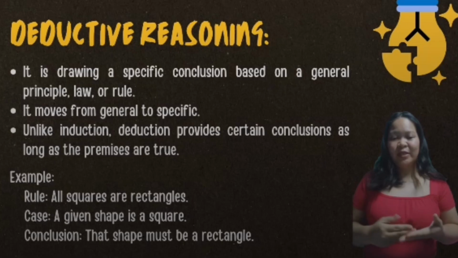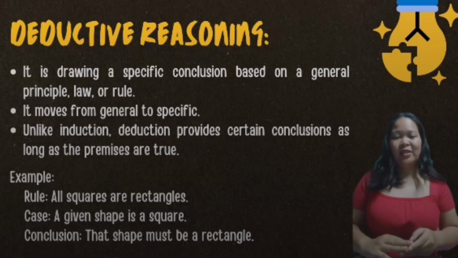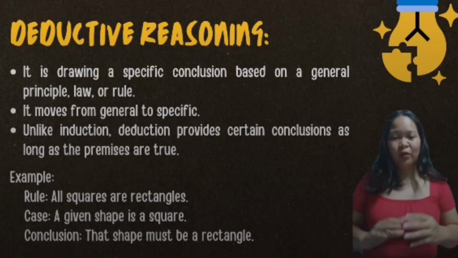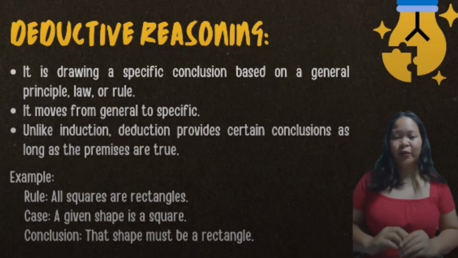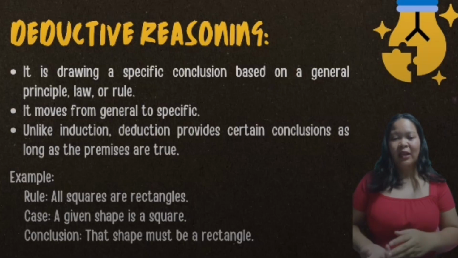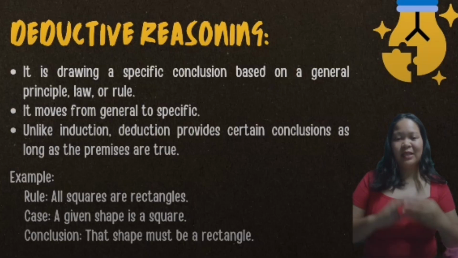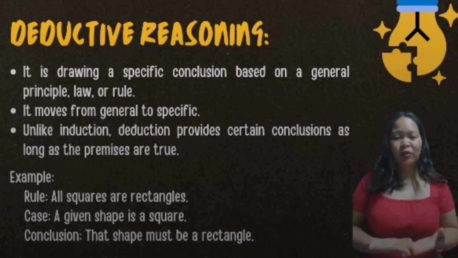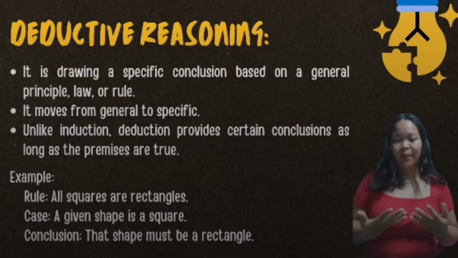Now, deductive reasoning works in the opposite direction. It is drawing a specific conclusion based on a general principle, law, or rule. Deduction moves from general to specific. For example, the rule states that all squares are rectangles. If a given shape is a square, then we can conclude with certainty that the shape is also a rectangle.